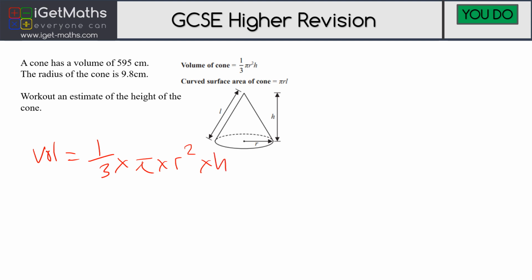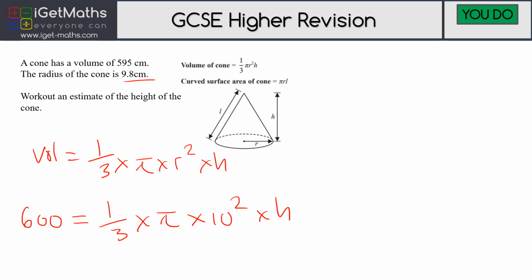However, this time they've told you the volume, which is 595, and we're going to estimate it again, so we'll put that to 600. 600 equals 1/3 times pi times the radius squared, which we will round up to 10 squared, times the height.